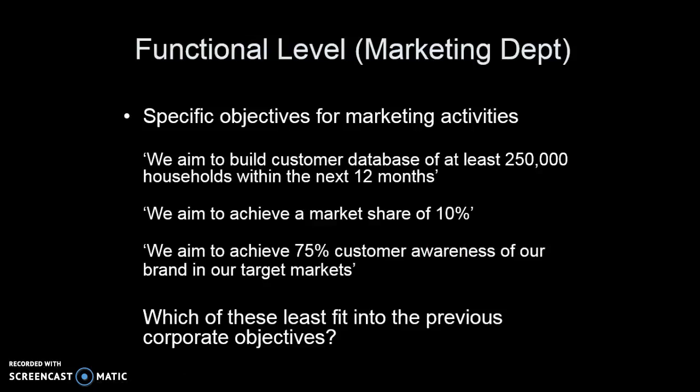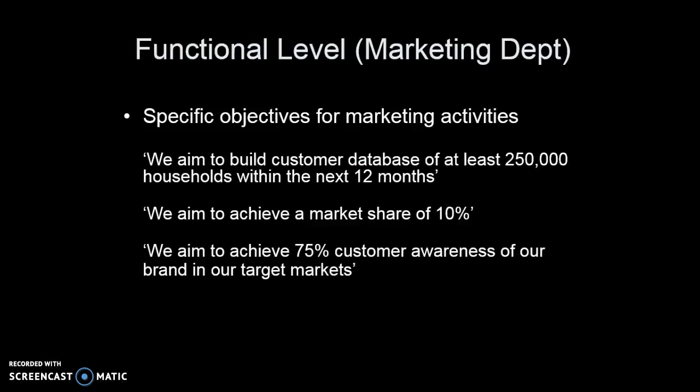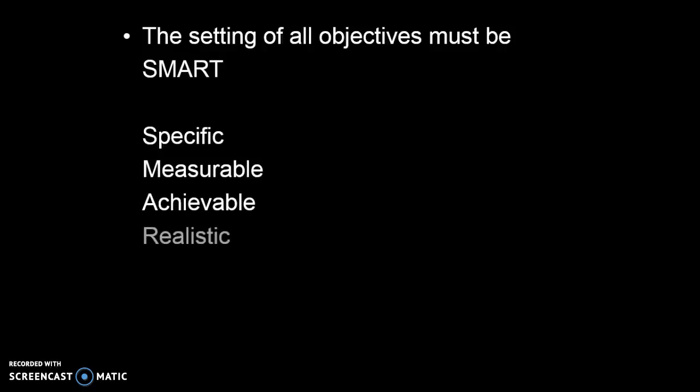Realistic and achievable, well, we don't really know the full context, but this gives us an idea as to how specific and measurable. And also, to an extent, if you look at this one, this is also time related. So it's a key thing that we need to be aware of, and that is specific, measurable, achievable, realistic, and time related.